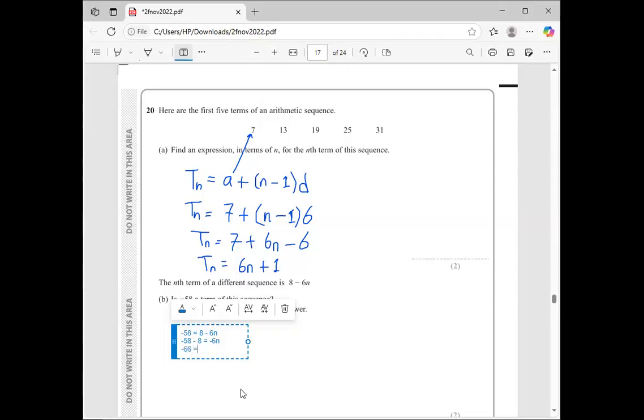Please take note. When you are subtracting a number from a negative number, it's like increasing in the negative direction. Always remember that. So minus 66 is equal to what? 6n. Okay. I'm sure you can already see what's going to happen next, right? Yes. Okay. So we're going to divide both sides by what now? 6.